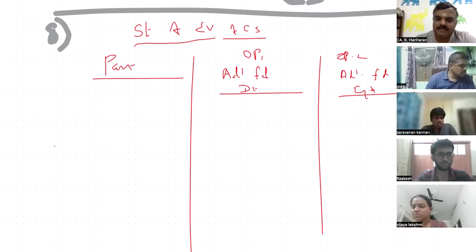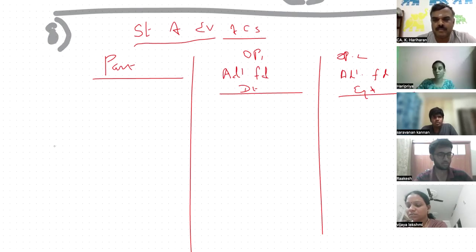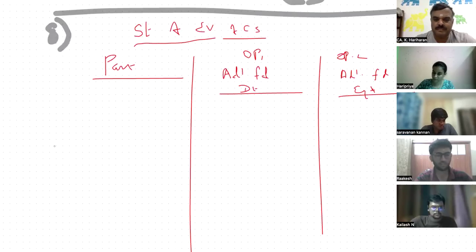How much is the debt fund? 12 lakhs, sir. Retained earnings 12 lakhs? The retained earnings are 1.2 crores. Debt fund, how much is there? 1 crore, sir. Currently debt 1 crore, retained earnings 1.2 crore. Then equity fund: 80 lakhs.